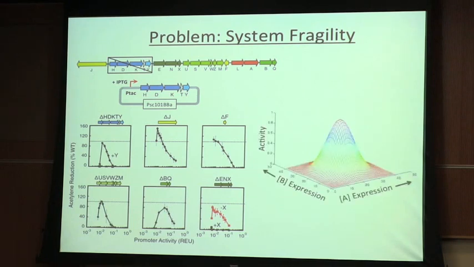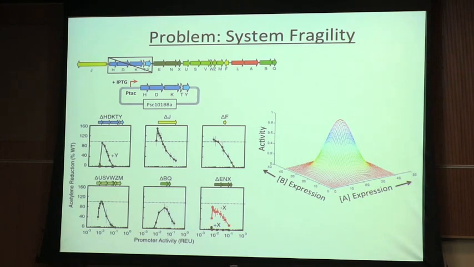So for example, if you're looking at the expression level of 2 genes in this system, each of which has an optimum, then you create this sombrero hat-like space, whereas you change each of those genes from the optimum levels, you very quickly lose activity.